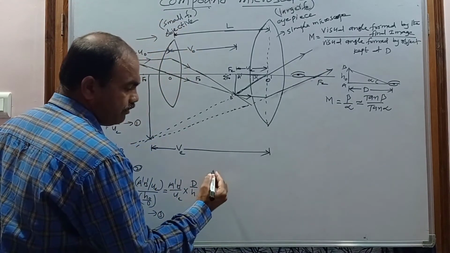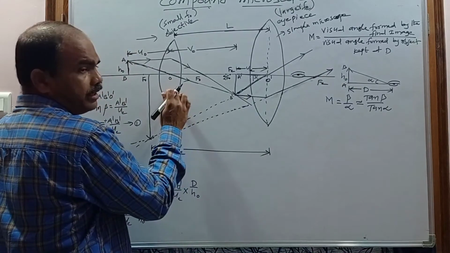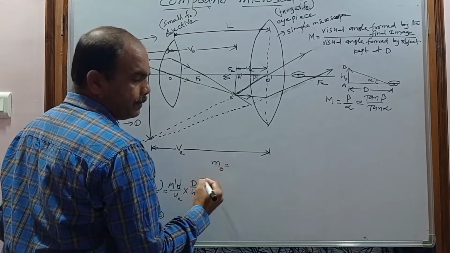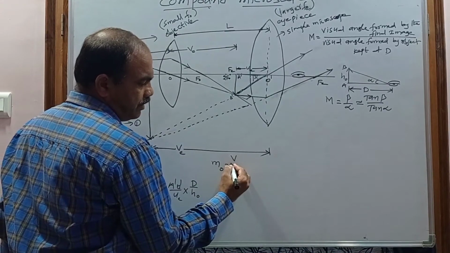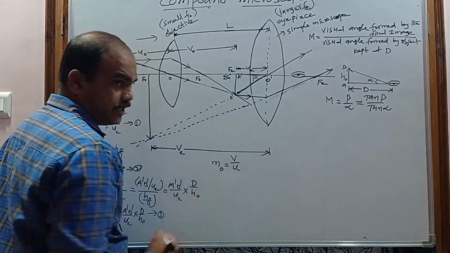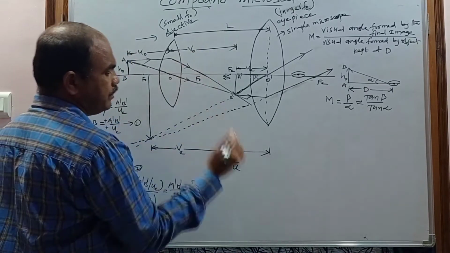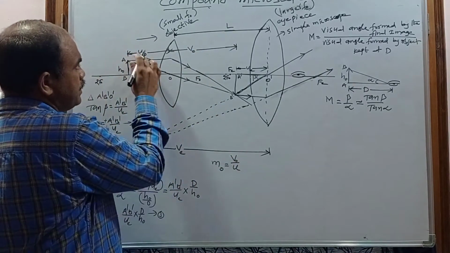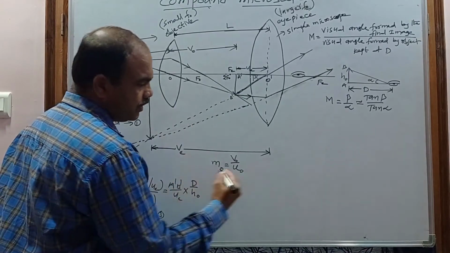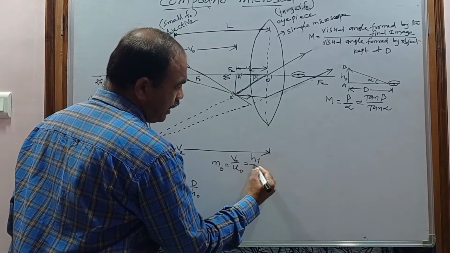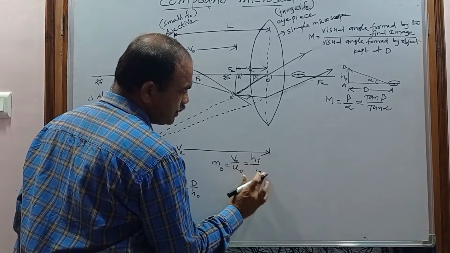You learned the magnifying power of the convex lens. So here, the magnifying power of the objective, what is the formula? Image distance by object distance. But here the image distance is V naught, and the object distance is U naught. Another formula is height of the image by height of the object.